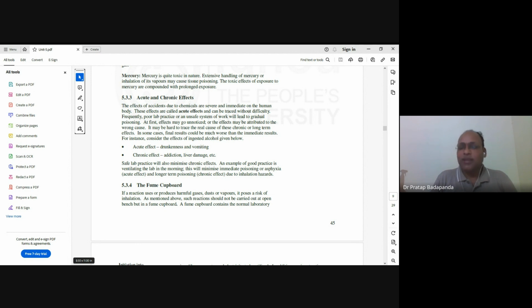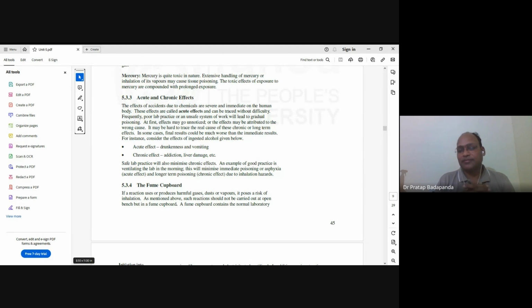Chemical laboratories should be perfect. My personal suggestion: if you visit the NISER, ISER or IIT chemistry labs, you will see how good the safety is.